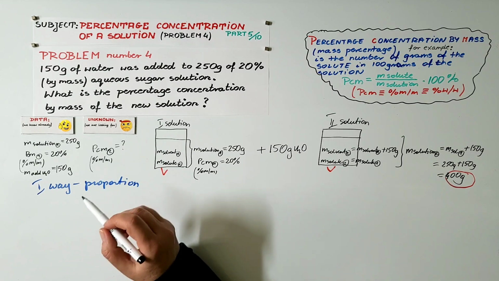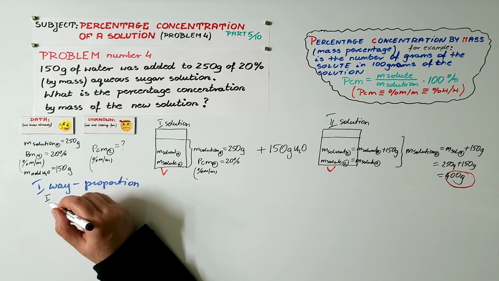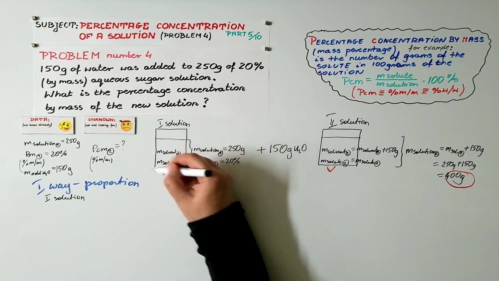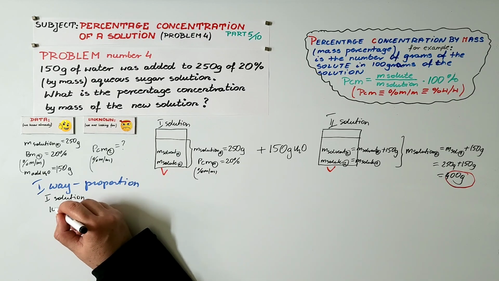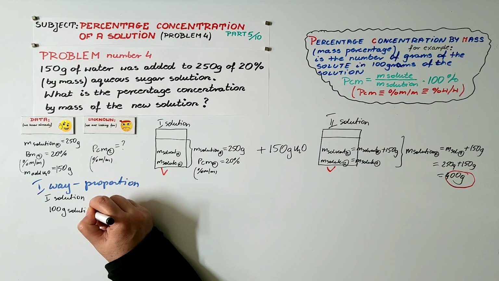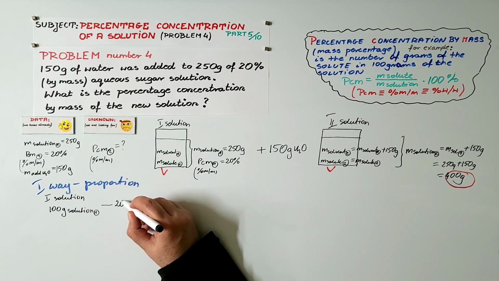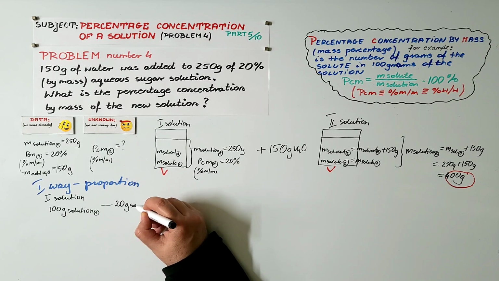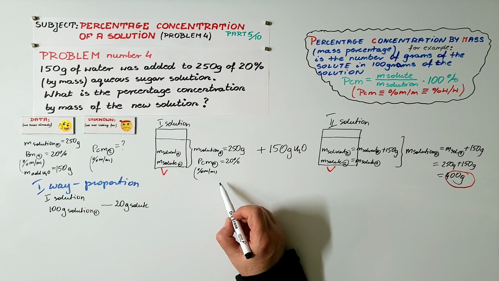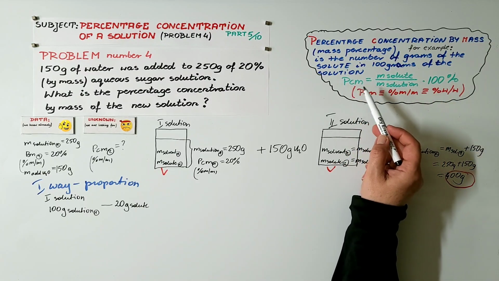So in 100 grams of solution, the first solution, there is 20 grams of solute. Why? Because percentage concentration by mass is the number of grams of solute in 100 grams of solution.